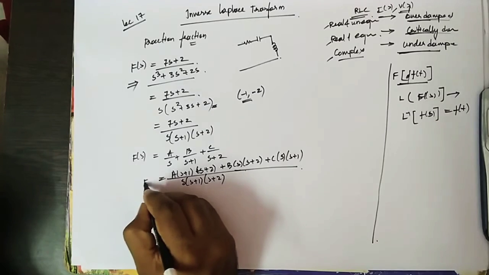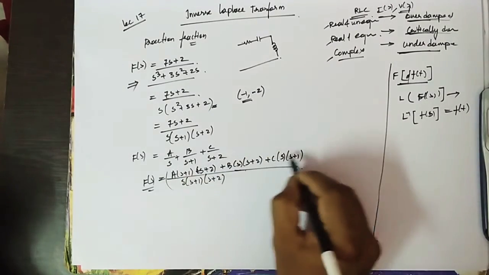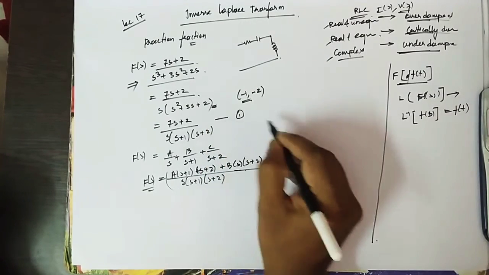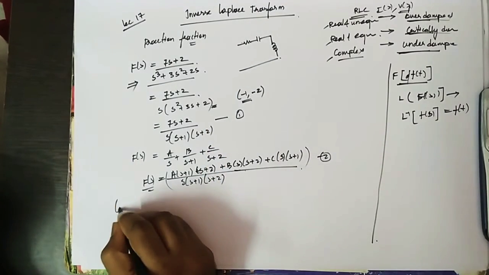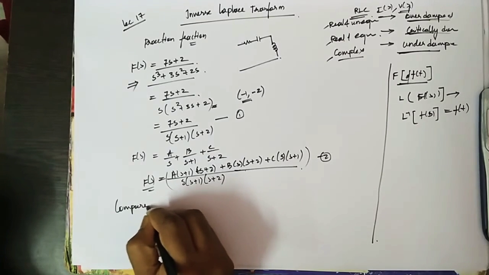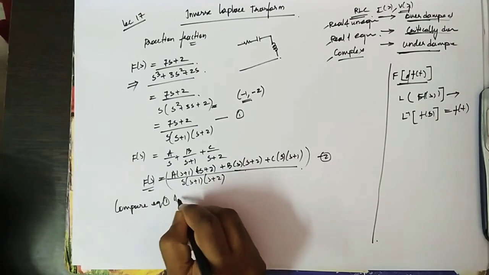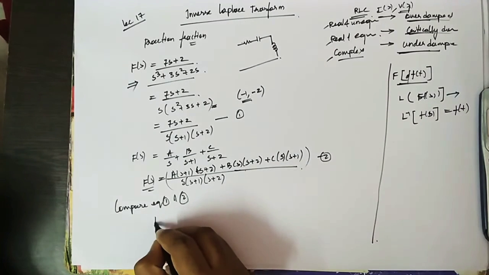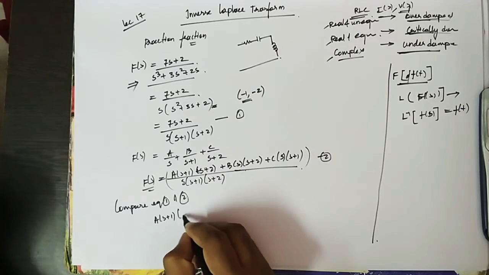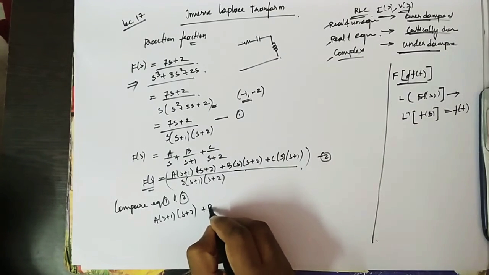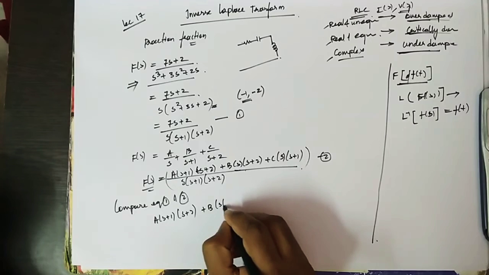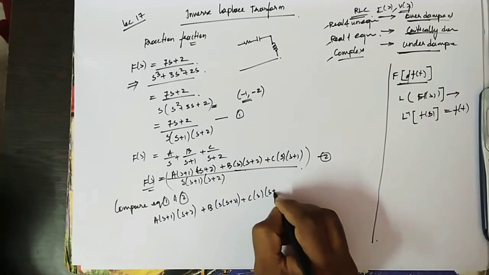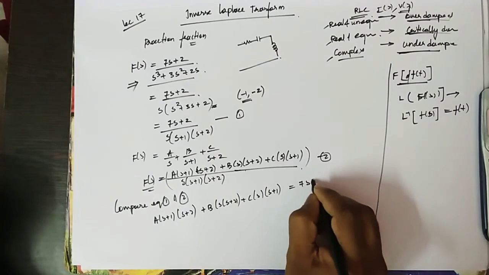So you get f of s in partial fraction form like this. Now compare this equation, call this equation 1 and this equation 2. Equating the numerators, you have A(s plus 1)(s plus 2) plus B s(s plus 2) plus C s(s plus 1) equal to 7s plus 2.